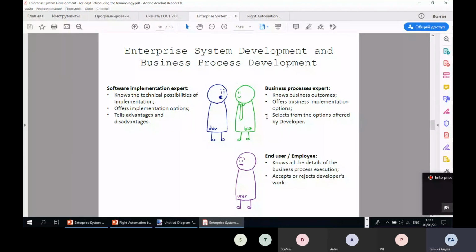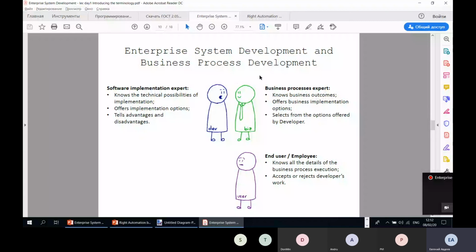And what about the user? If we have an end user, he just works with the result of this work. Is it successful or not? But usually the user is not able to make any difference in this. But sometimes when we talk about the user, we talk about the company owner, and in this case, of course, the user is able to change something in the work of these two sides.